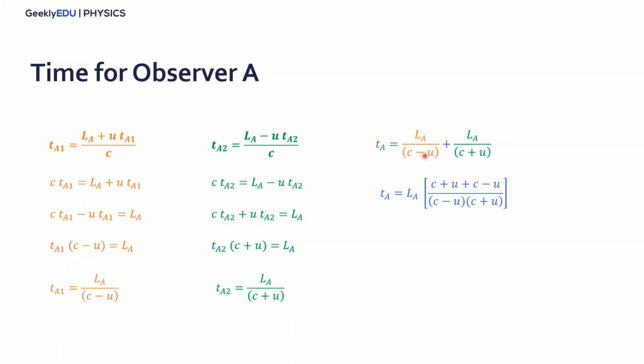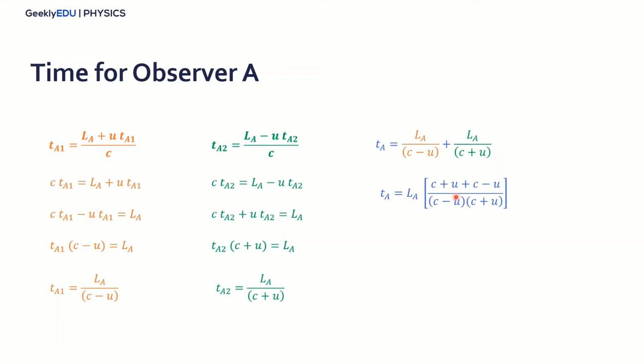So it's C minus U times C plus U, okay? That's the common denominator here. We can factor LA, also put it outside. And now we have this, the time for A is LA times this thing here.